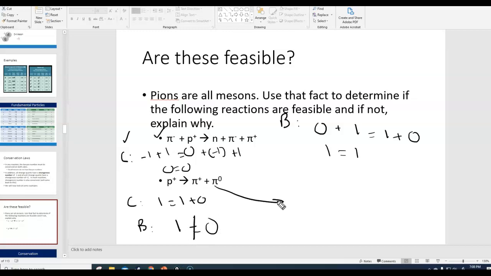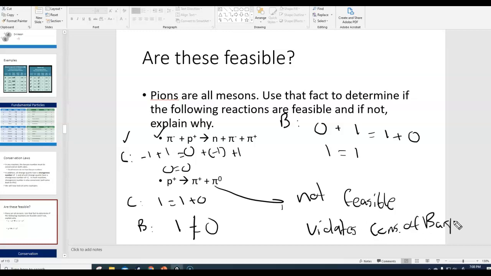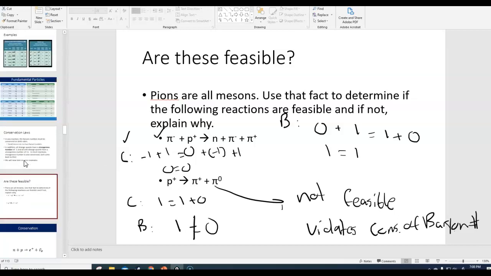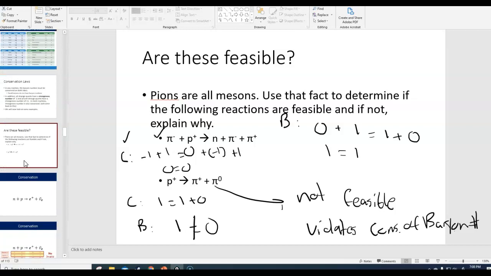And so you would say this reaction is not feasible, and then you would justify that by saying that it violates conservation of baryon number, and you would write that out in a nicer way than that. This reaction is not feasible because it violates conservation of baryon number. So pause there and look at that some more.